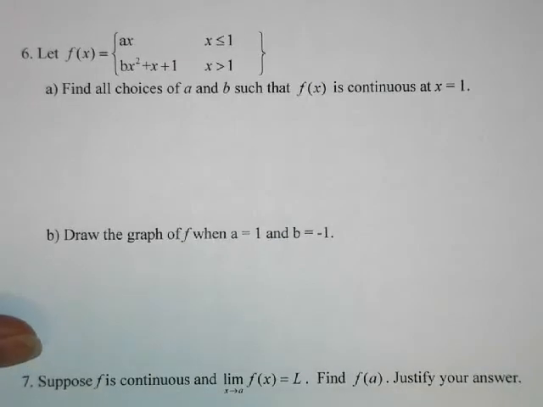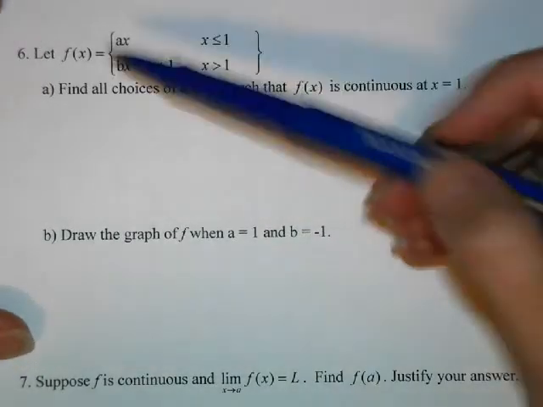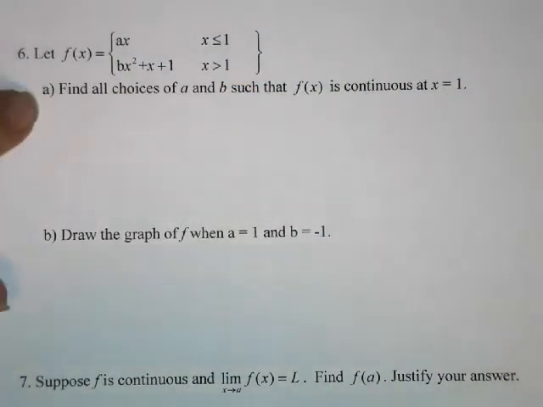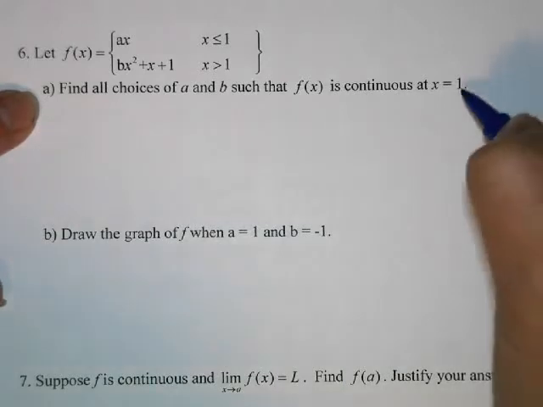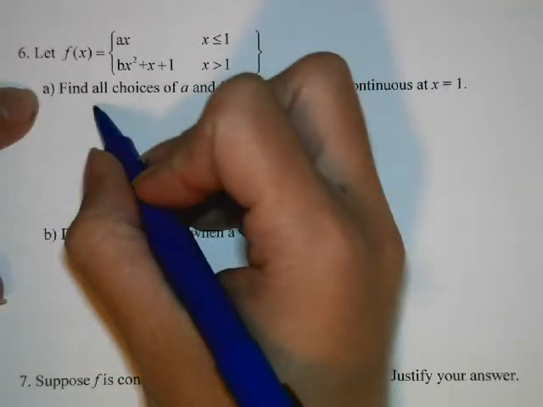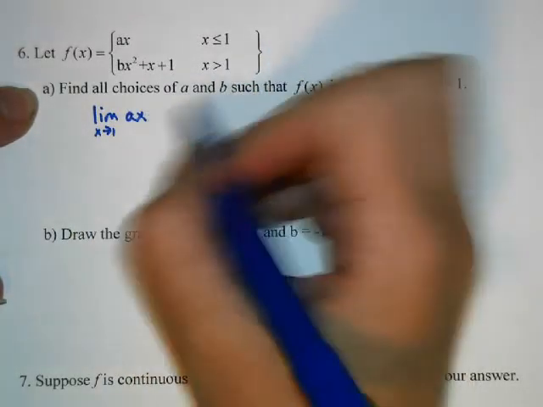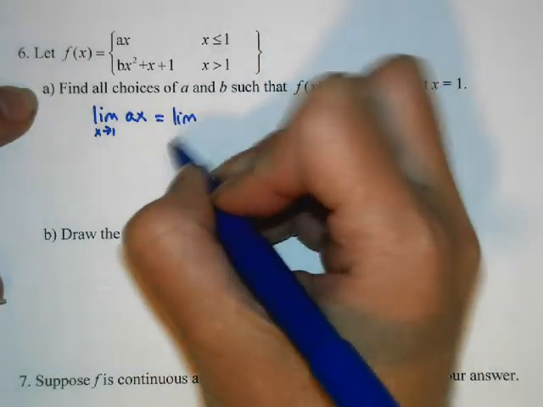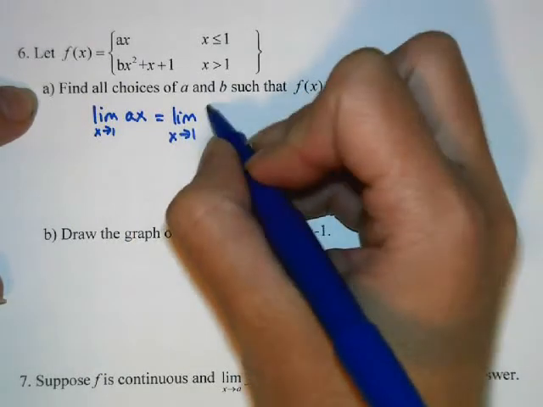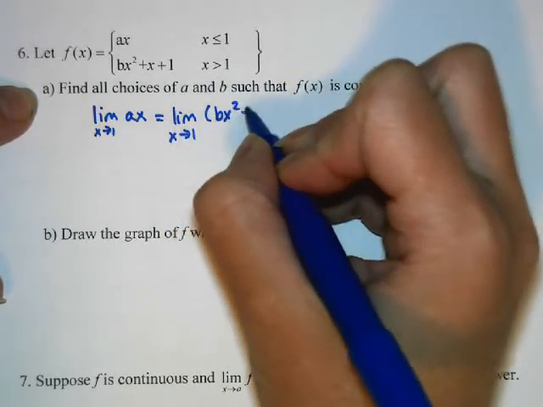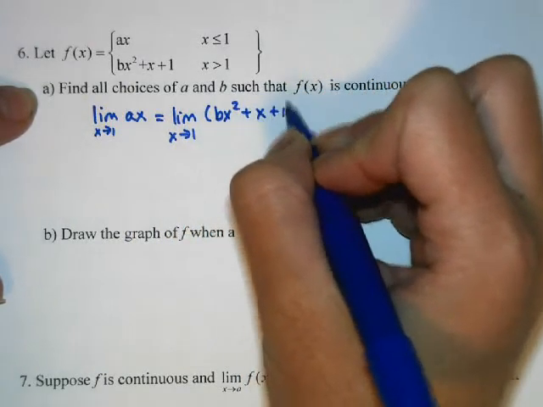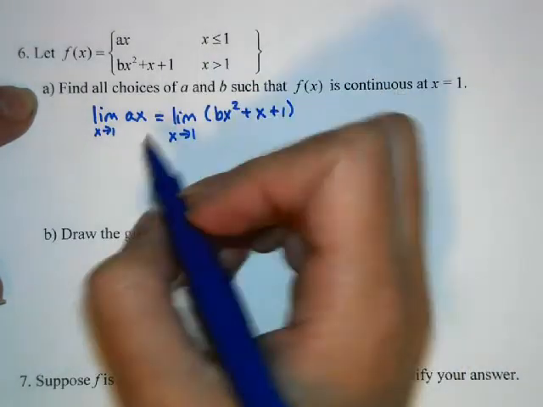So here we have a piecewise function with some unknowns, a and b. So first it says find all choices of a and b so that it would be continuous at 1, which means we want the limit as x goes to 1 of ax to equal the limit as x goes to 1 of bx squared plus x plus 1. So we'll evaluate at 1.